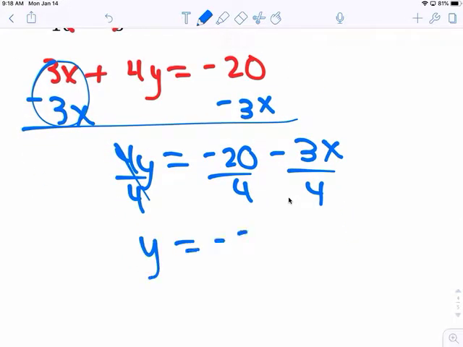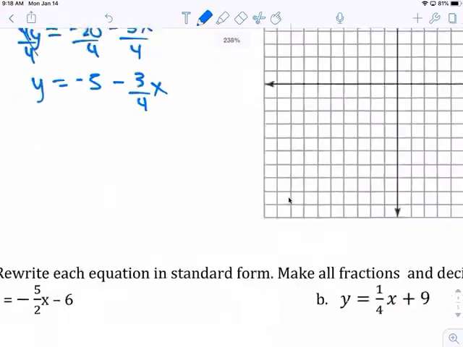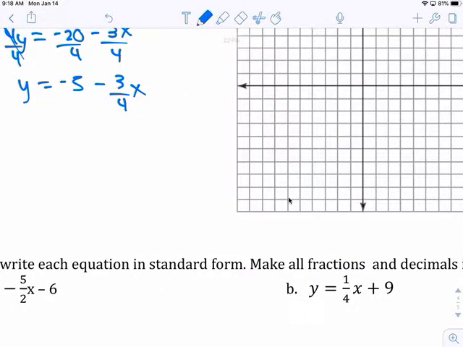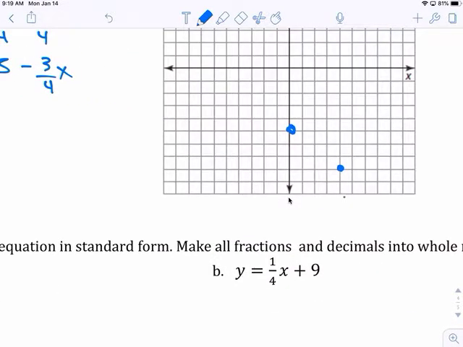Y equals negative 5 minus 3 over 4x. Y-intercept is at, this is slope-intercept form, 0, negative 5, and then go down 3 over 4, down 3 over 4. Go the other way, 3, 4, 3.